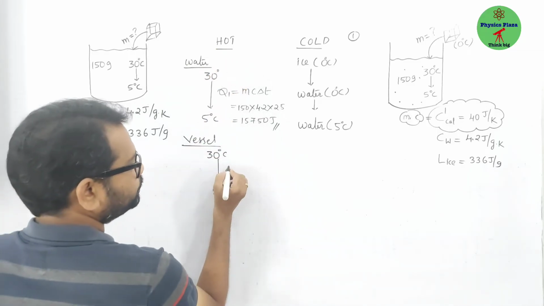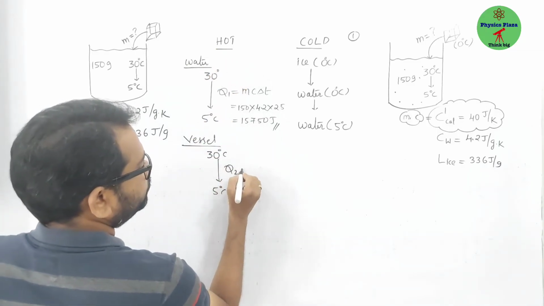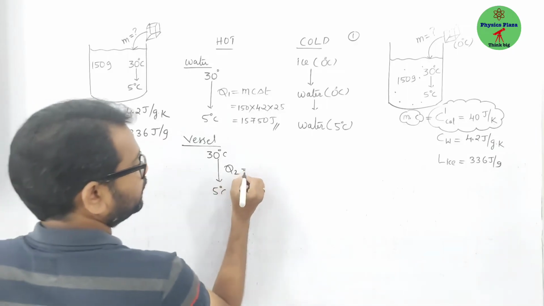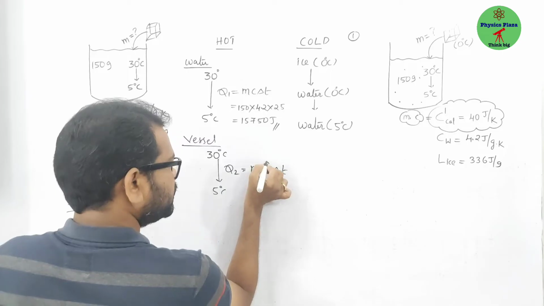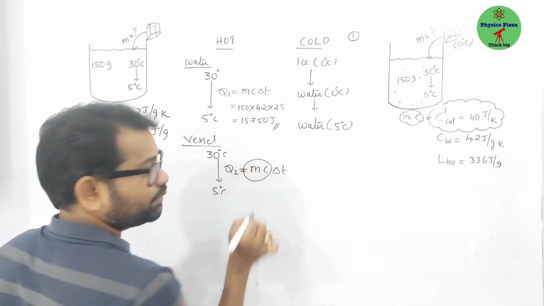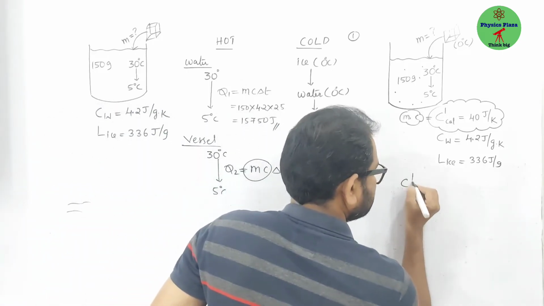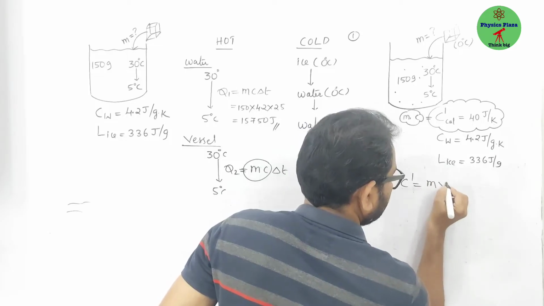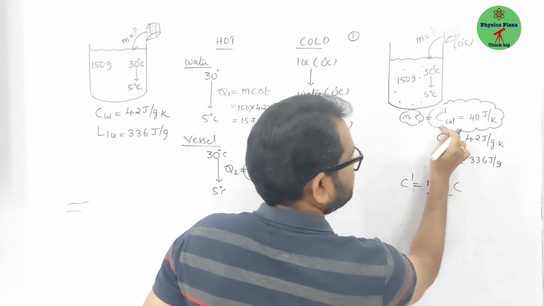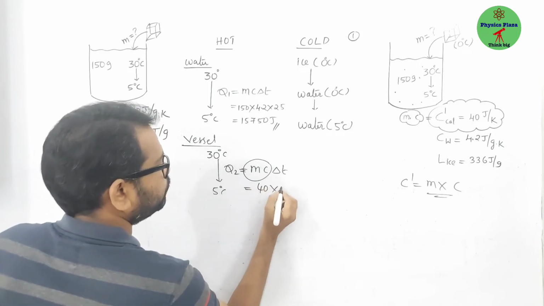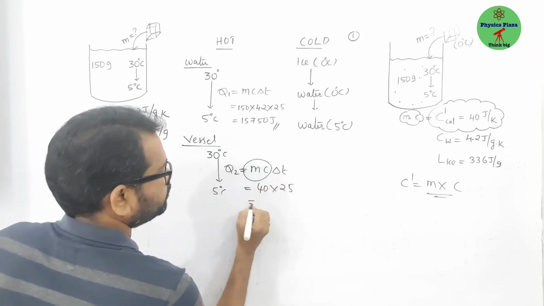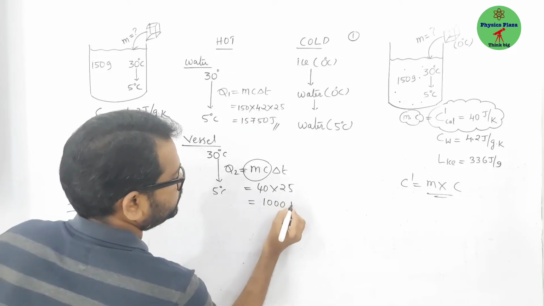Now the heat lost by the calorimeter also. So mcΔT only. Sir, mass and specific capacity are not given, sir. No problem. Thermal capacity is equal to mass into specific capacity, and the thermal capacity value is given. So that is 40 into 25, which is 1000 joules.